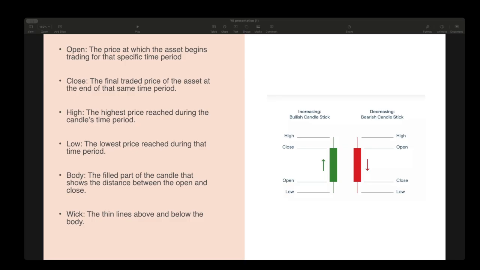You don't need to use hollow candlesticks. You could use the filled ones, but I just personally like using the hollow ones more, especially because I use the darker background just for my eyes, so it actually looks just a bit cleaner. But at the end of the day, it's just preference, right?